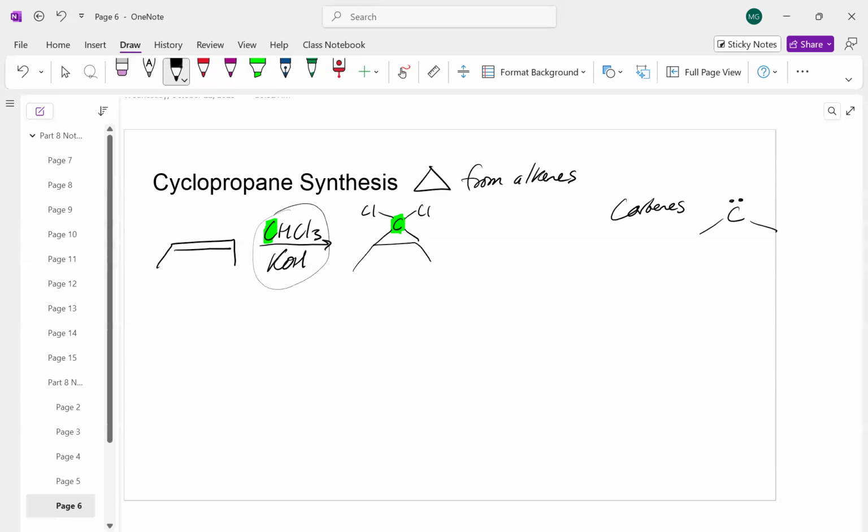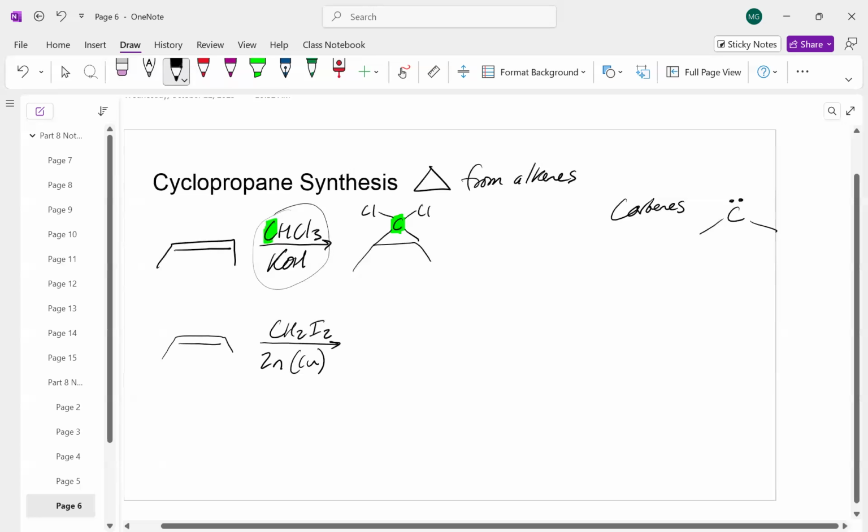Now, alternatively, if I didn't want those chlorines there, I do a little bit of a modification and use CH2I2 and an alloy of zinc and copper metal. This particular reaction at the bottom is known as the Simmons-Smith reaction.